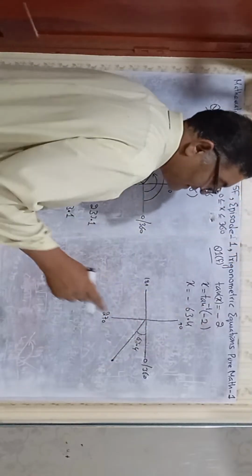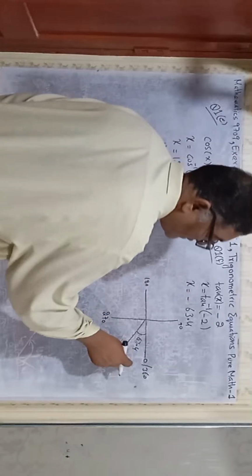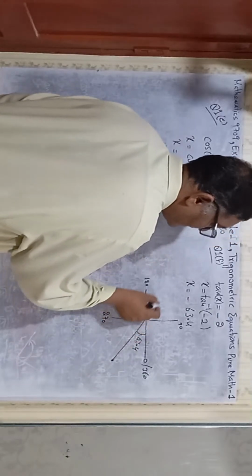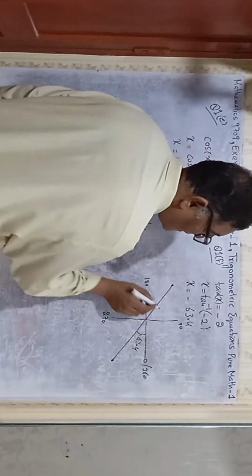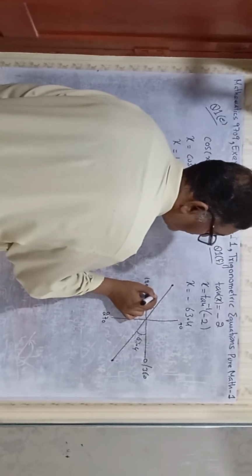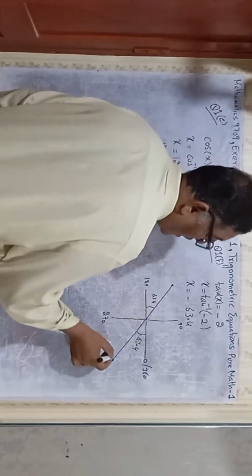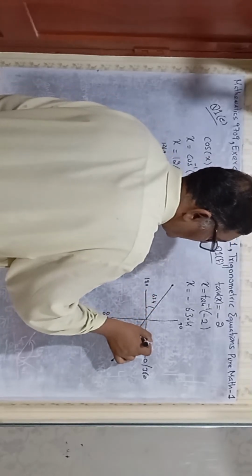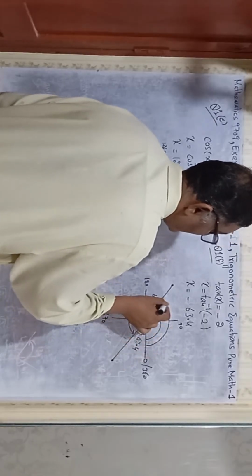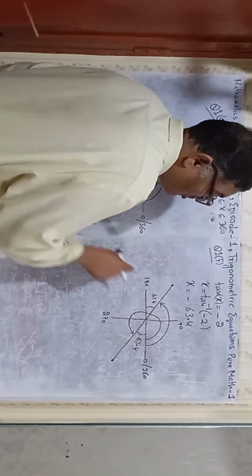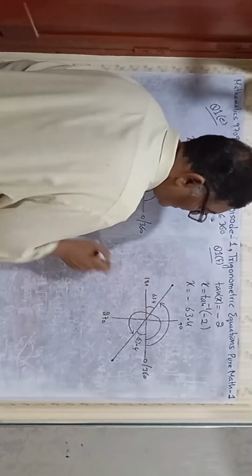You know, tan is negative in two places, in the fourth quadrant and also in the second quadrant. So this base angle will also be 63.4. Now I have to tell how much is this angle, and I also have to tell how much is this angle. First of all, let's do this one.